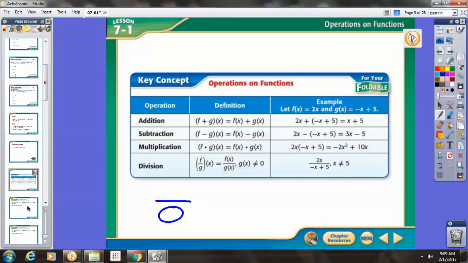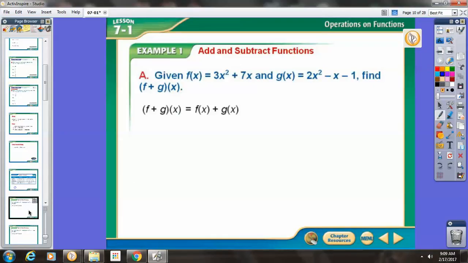So let's start by looking at the first example. It says given f of x equals 3x squared plus 7x, and g of x equals 2x squared minus x minus 1. Find (f plus g)(x). So what operation are we doing to our 2 functions? Addition.